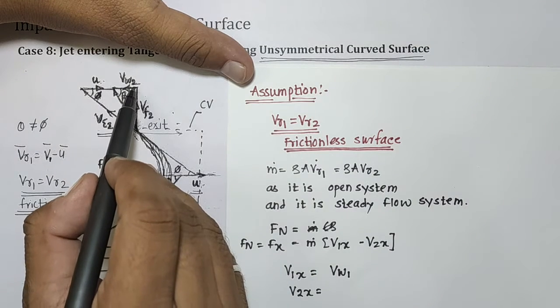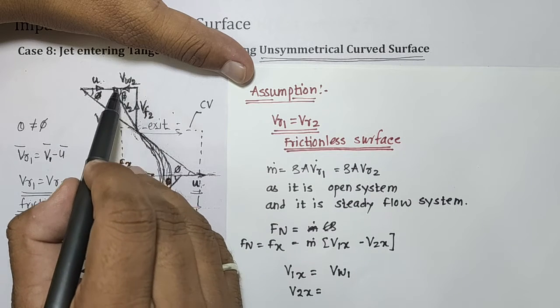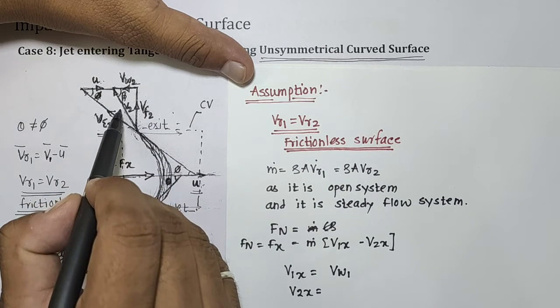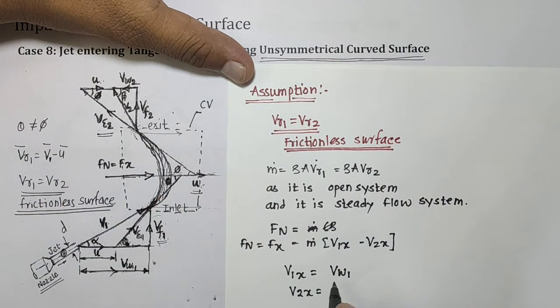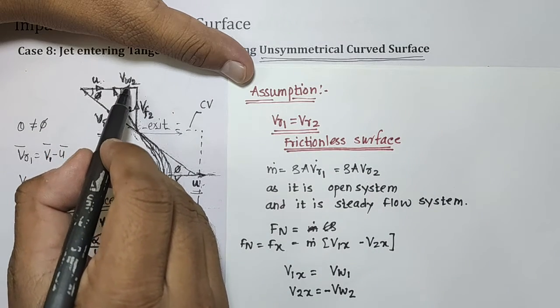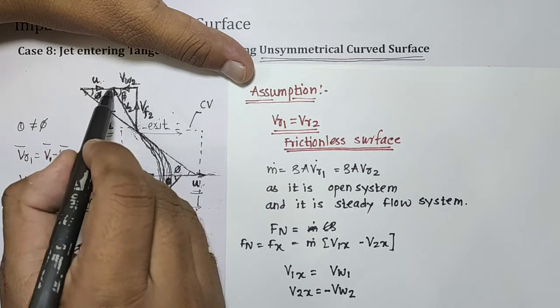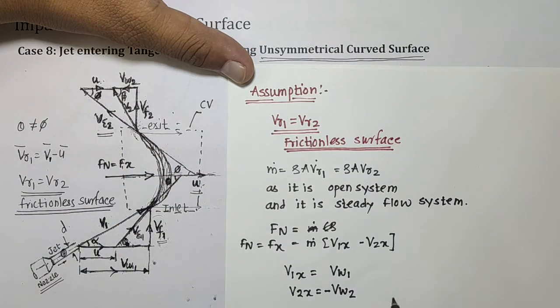Now Vw2 is in exactly opposite direction. This one is Vw2, which is the component of v2. v2 is the absolute jet velocity and Vw2 is the whirl component. So for Vw2 we have to consider a negative sign, as it is moving in this direction, which is negative to that of positive x.